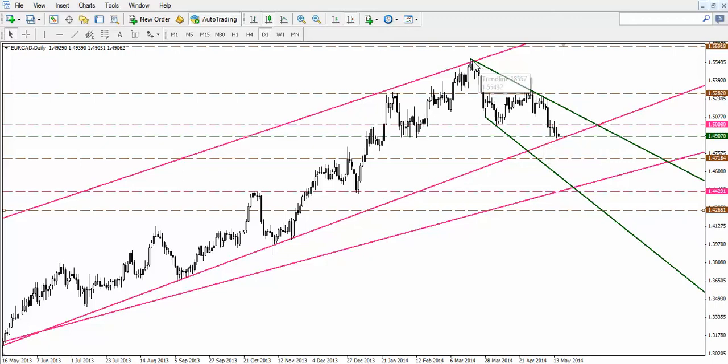I've also drawn in this kind of descending channel. You can see that this downward line has been respected quite a few times. So I think that's going to offer some resistance to the upside should price make a turn, and so retests of here could be important.